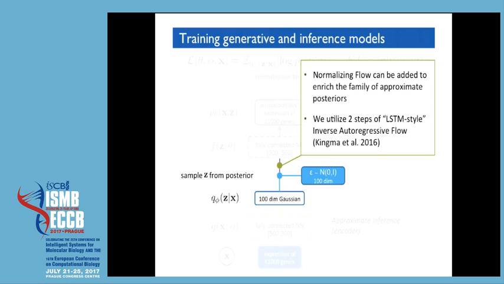How that works is that after you take the sample from the first Gaussian, you run it through this flow, which is a series of autoregressive, basically an autoregressive autoencoder, that further changes that sample, and that way changes the manifold of the posterior, and you can achieve slightly better performance usually. So this is a little trick that we also use.